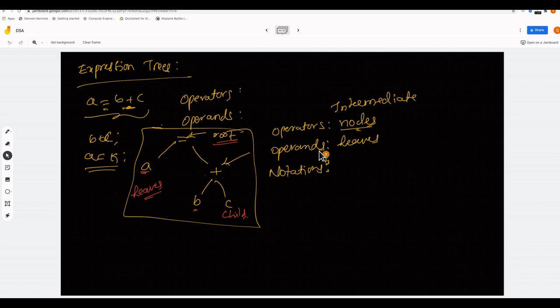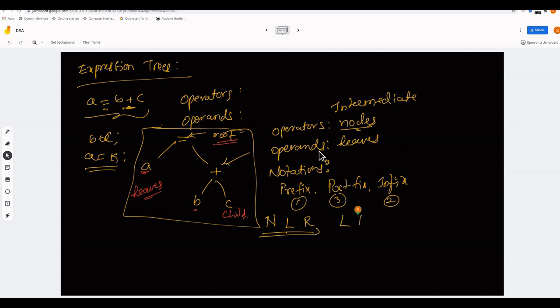Most of you know there are three famous notations: prefix, postfix, and infix. People talk in this order: prefix first, infix second, and postfix. Let's discuss these quickly. Left and right will always be in this order in all three traversal techniques. For prefix, you visit the node first.